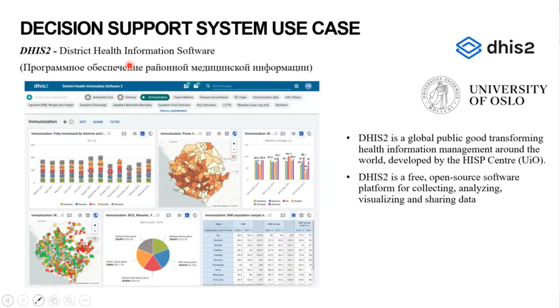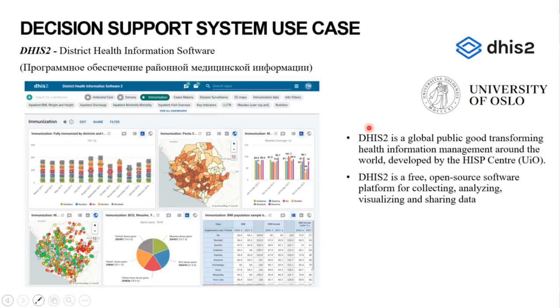One interesting case study or use case is a software that I know from some colleagues I have at the University of Oslo in Norway, and they work on this project. It's the district health information system, for maybe a rayon or small locations.